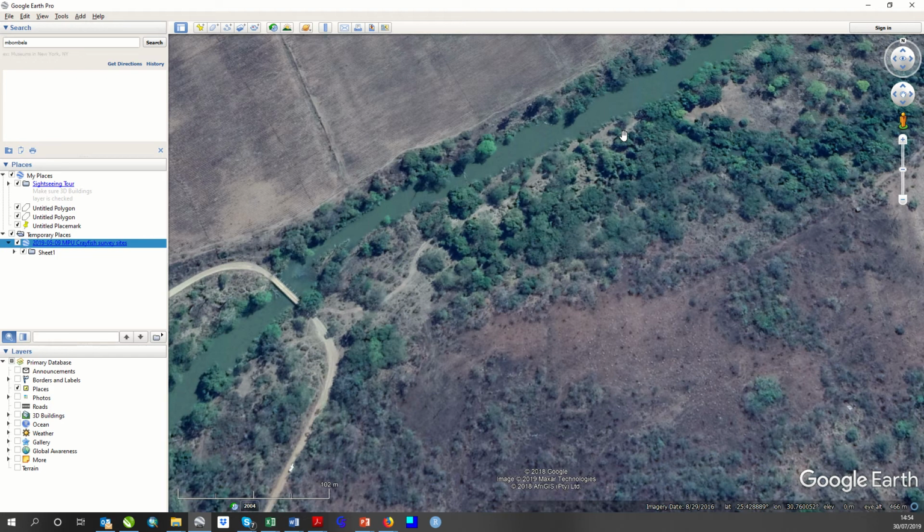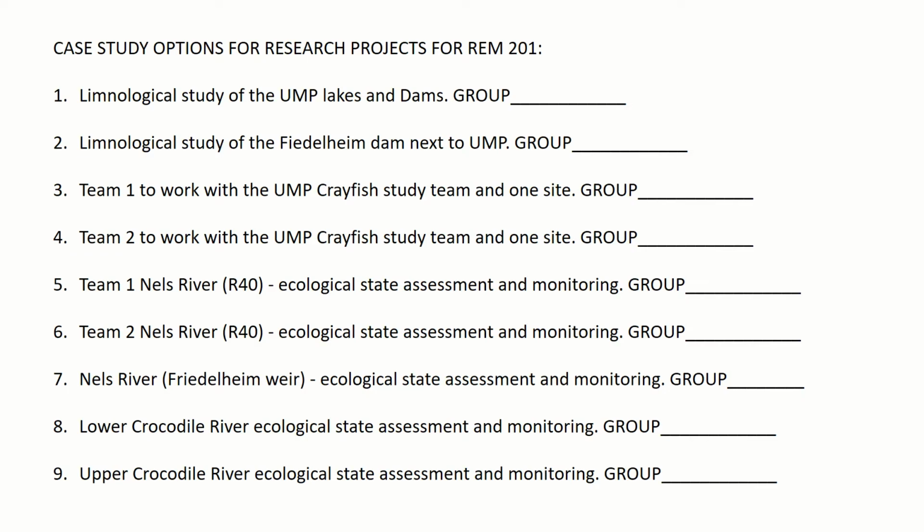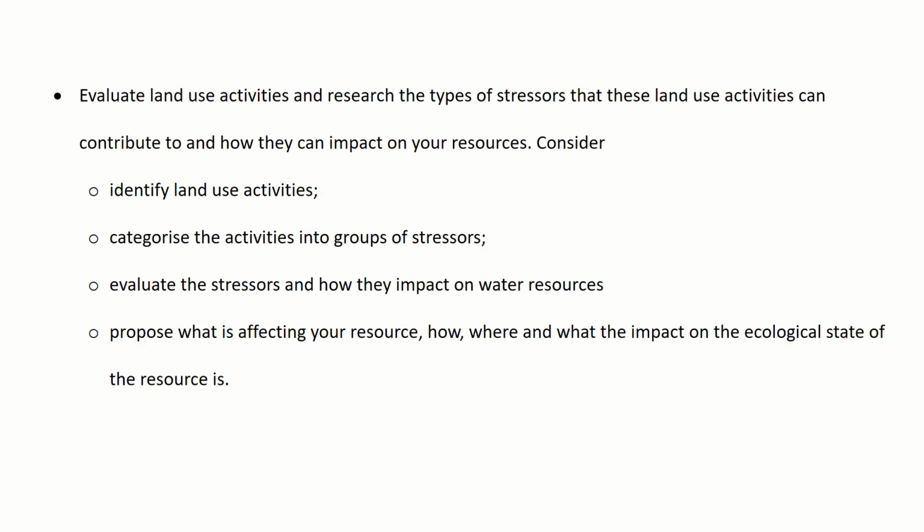But you see, of the five topics, let me just check here. Again, if you look at your topics: evaluate the water resources, you do desktop, you do it on your own. Then the second one is land use activities, you do on your own. You use Google.